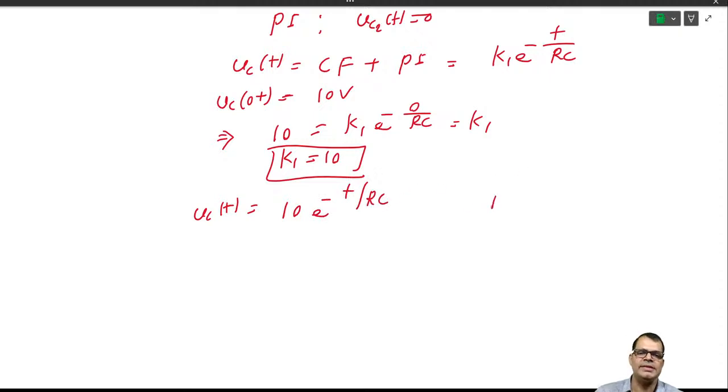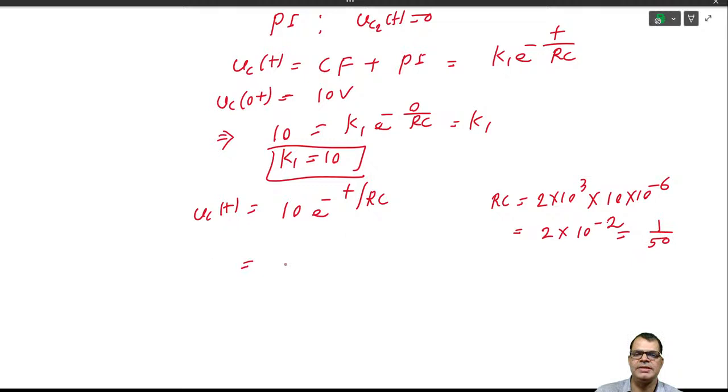So find the RC. RC is equal to 2 into 10 to the power 3, the value of the resistor, and 10 into 10 to the power minus 6, that is 10 microfarad. That is 2 into 10 to the power minus 2, that is 1 upon 50.